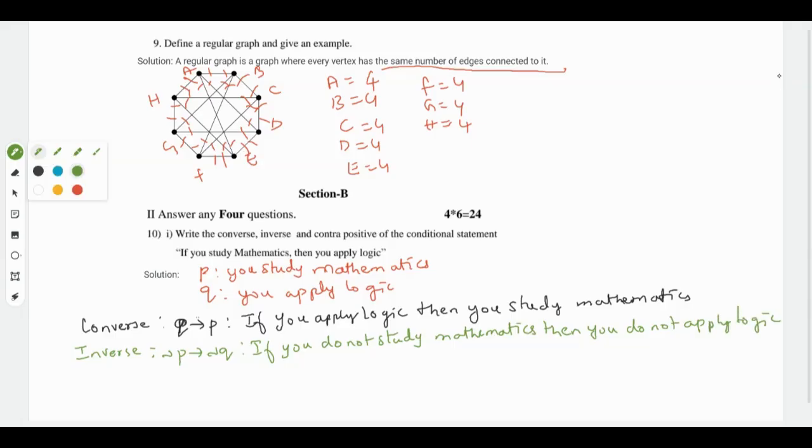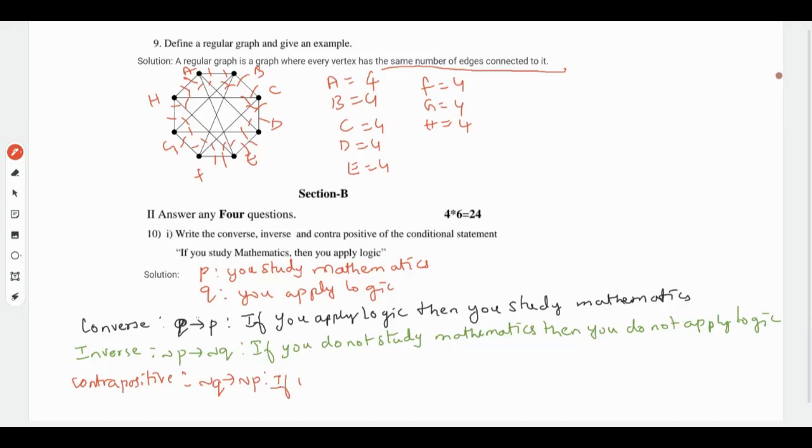Then the next one is the contrapositive. Contrapositive is the reverse of the inverse: negation Q implies negation P. Reverse the statement you have written.